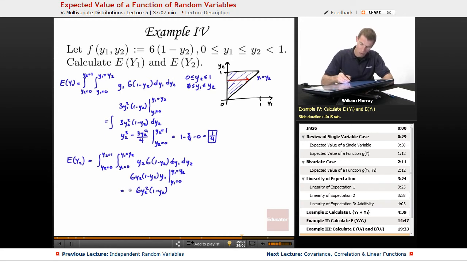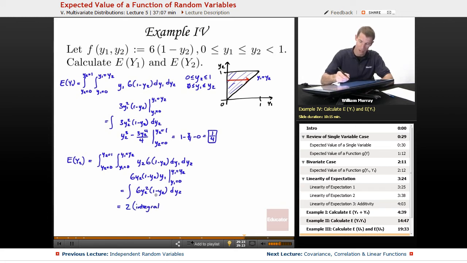I have the integral from y2 equals 0 to 1 of 6y2 squared times 1 minus y2 dy2. What I notice here is that that's the same as the integral I had above, 3y2 squared times 1 minus y2, except that I have a 6 instead of a 3. So that's 2 times the same integral as above.